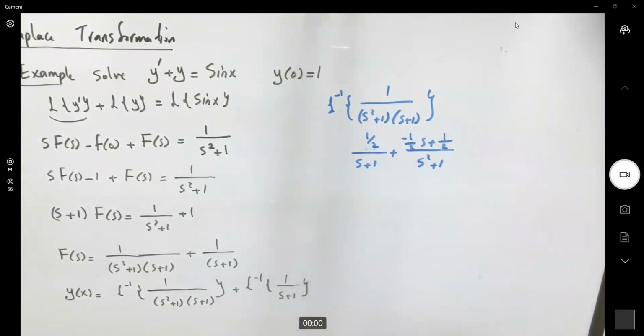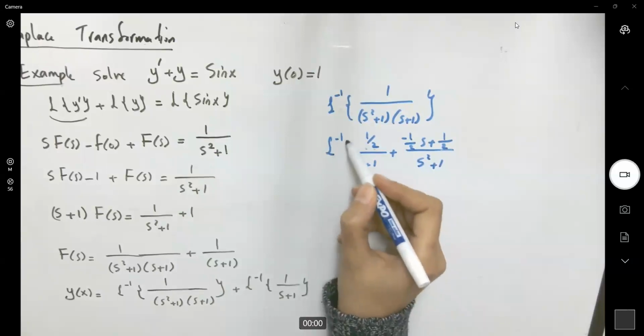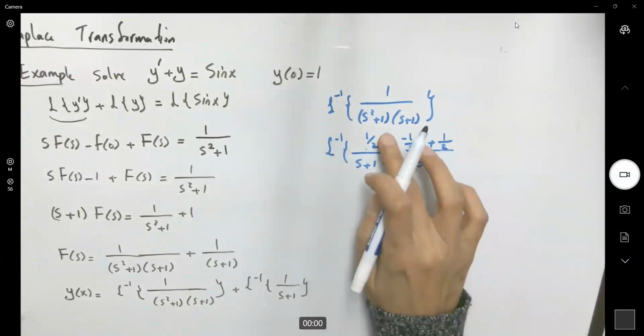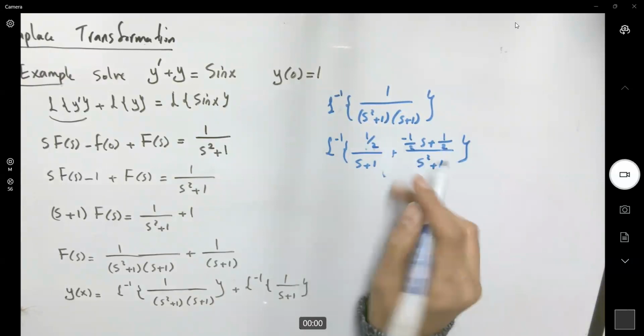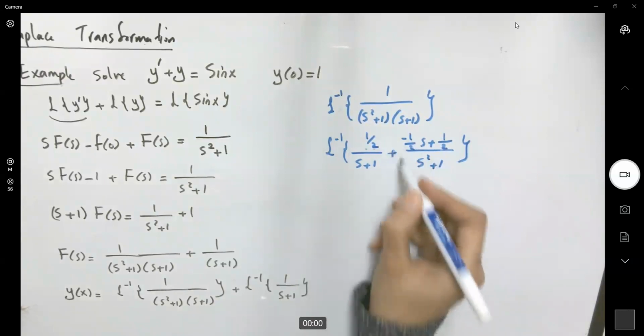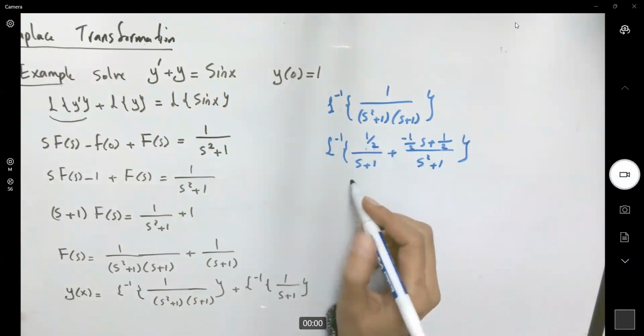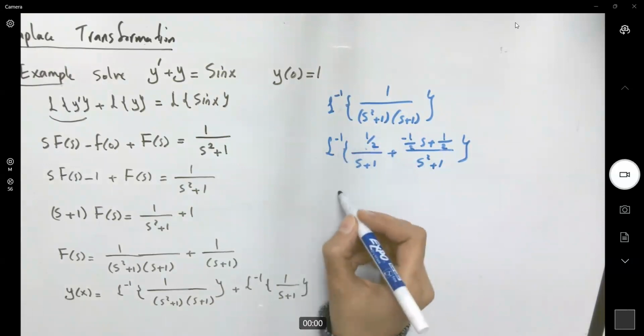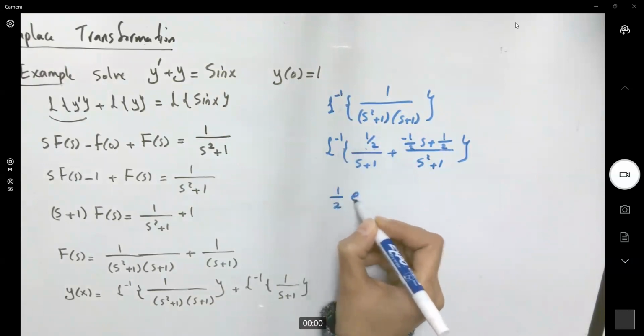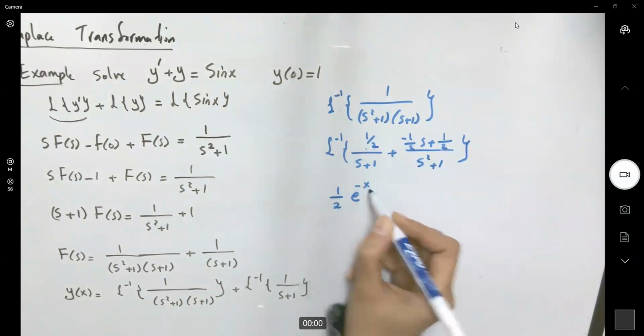Now, we need to calculate the inverse Laplace of each of these fractions separately. Very good. So with this one, you get a half e to the power negative x.